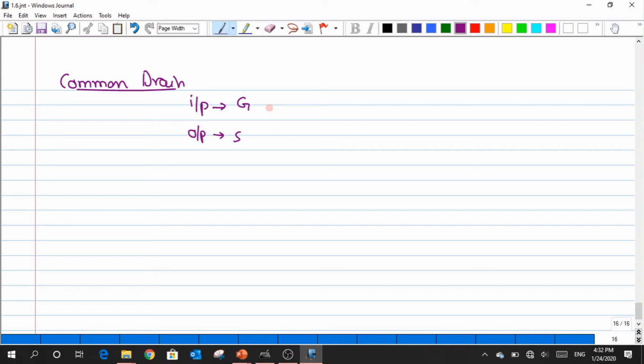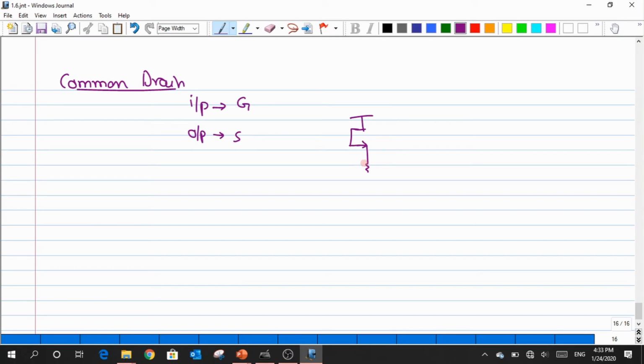To the AC ground, yes, that is a better answer. If I'm going for an NMOS, the drain will be connected to the capital VDD, and when I translate to a small signal model, this drain translates as AC ground. So across the source, I have to tap my output.